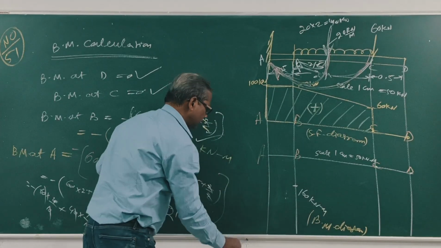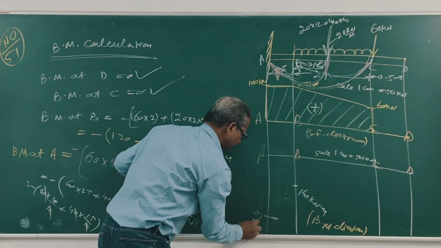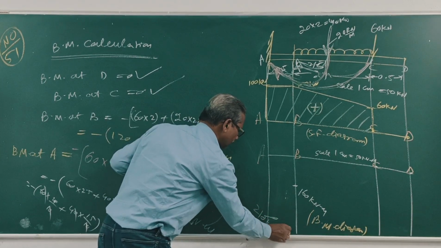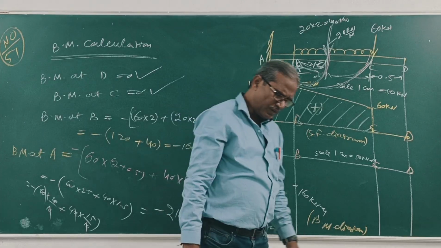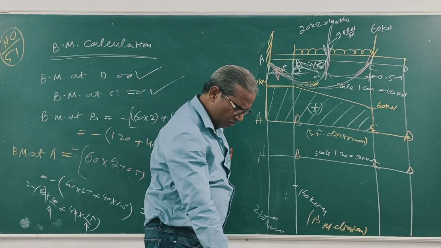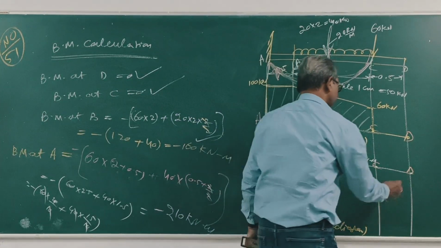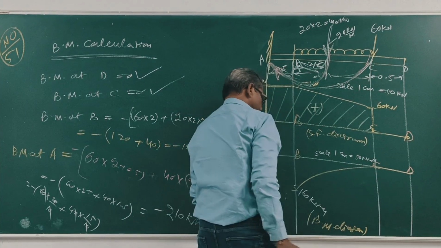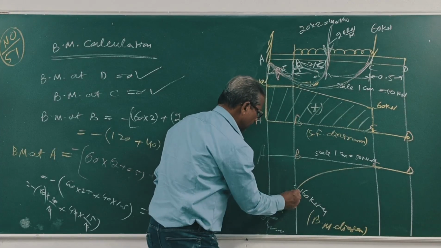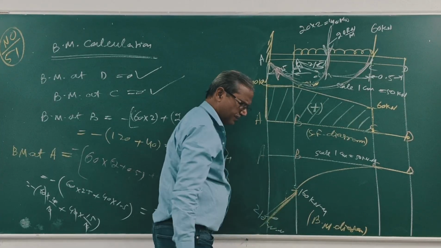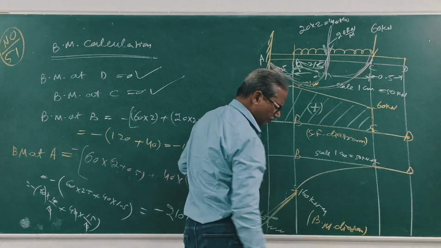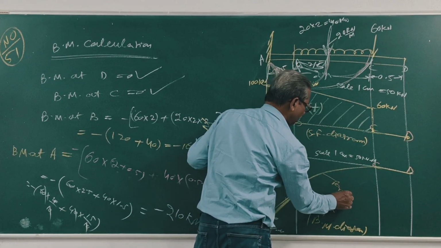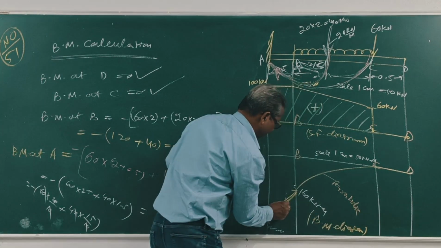Clear? This is 210 kilonewton meter. Right? Now join all points. This is a parabolic curve. This is a straight line. Clear? This is parabolic. This is a straight line.